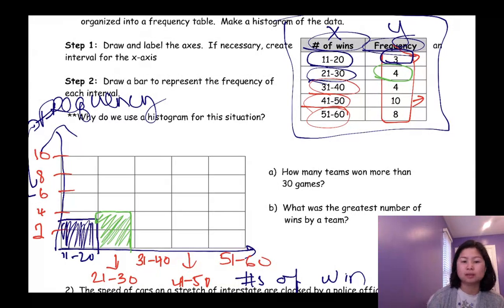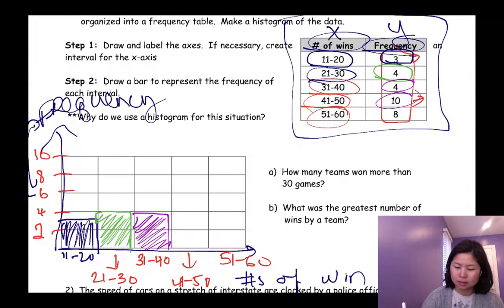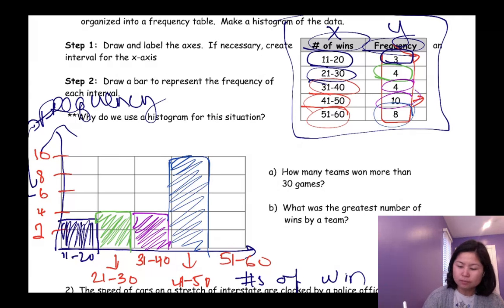Okay, no space. Don't put any space in between. They should be right next to each other. Then I can do the next one. Also 4. Cool. Same height. 10. Okay, let's look at 10 all the way up here. And the last one is 8.